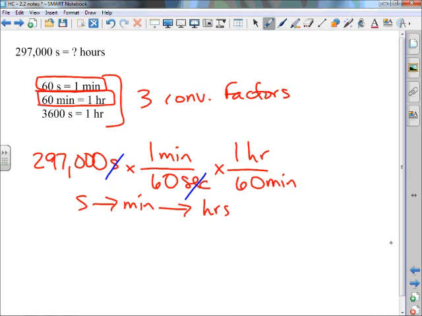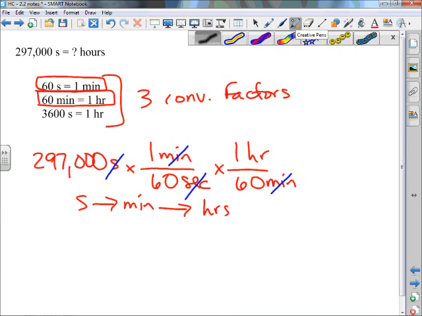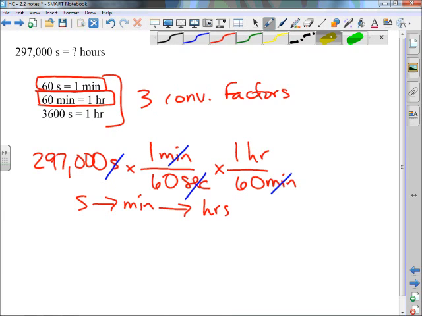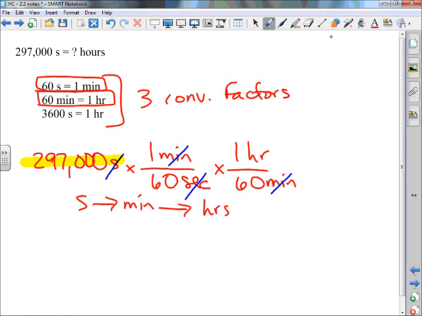And again, if we notice here, just like we would in math class and algebra, numerator, denominator cancel out. So what is the math? The math is simply 297,000 seconds divided by 60, divided by 60 again. And now we have our final answer.